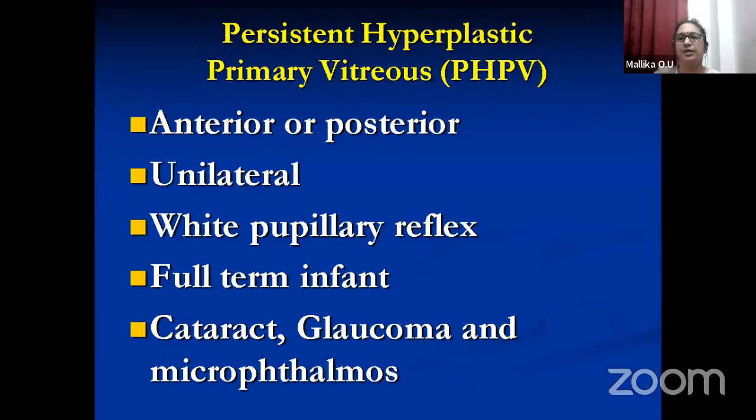That is called persistent fetal vasculature or persistent hyperplastic primary vitreous, but the new name is PFV. It can occur either in the anterior aspect just behind the lens or at the retinal level. Usually it is a cause for a white pupillary reflex. You can get a question on white pupillary reflex, which is otherwise called amaurotic cat's eye reflex.